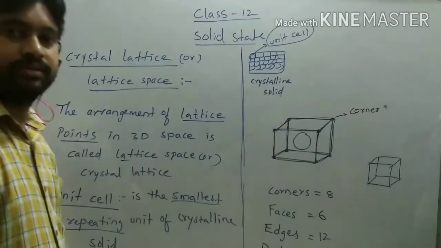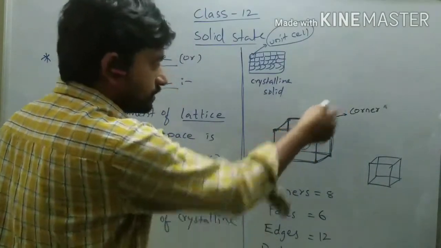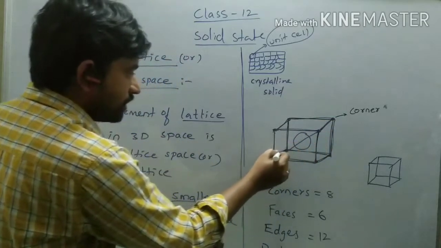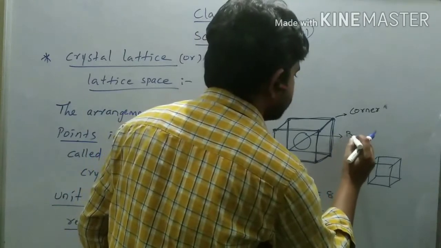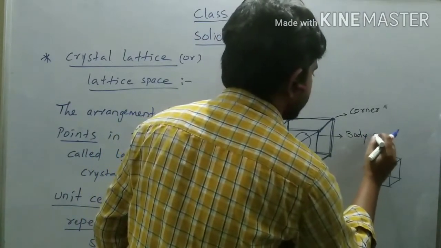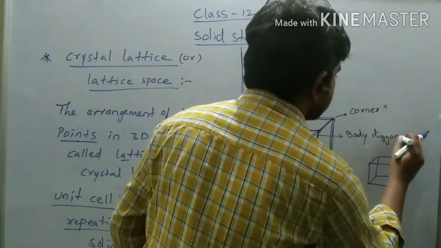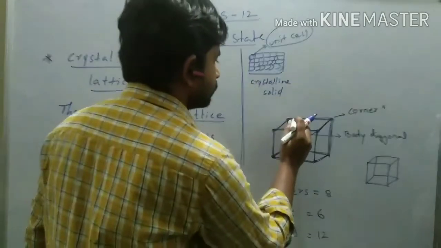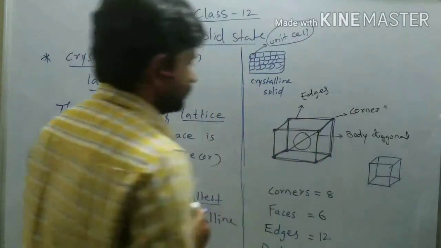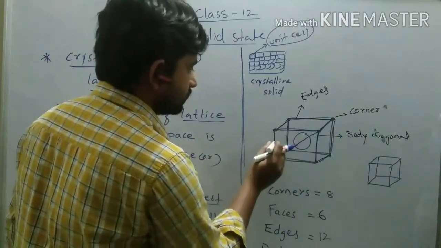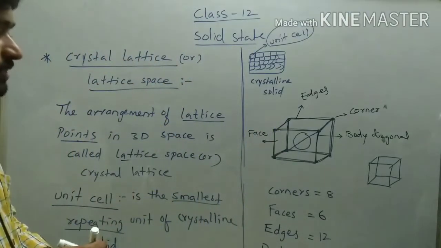One body center. If you draw a line from one end to another end through the body, here I am drawing one line. This line is the body diagonal. Yes, these are the corners, this is a face. How many faces are there? 6 faces.